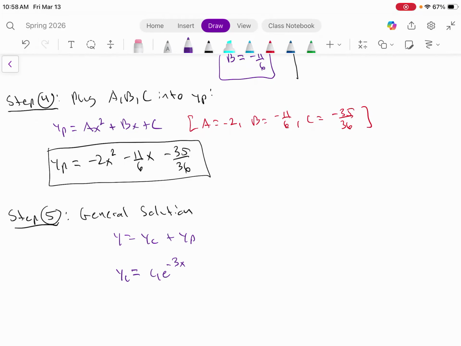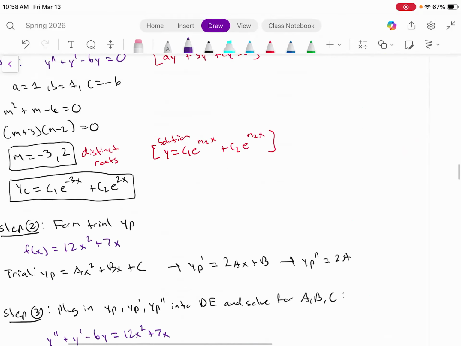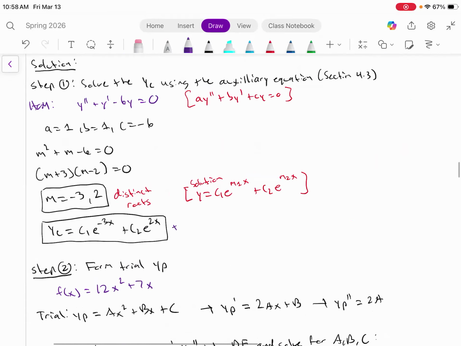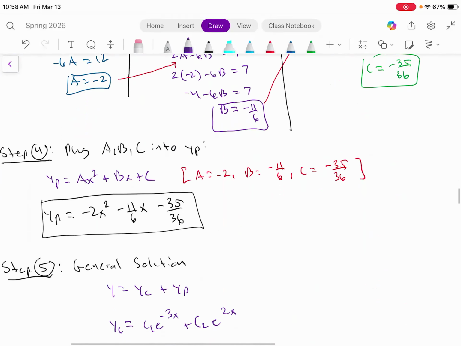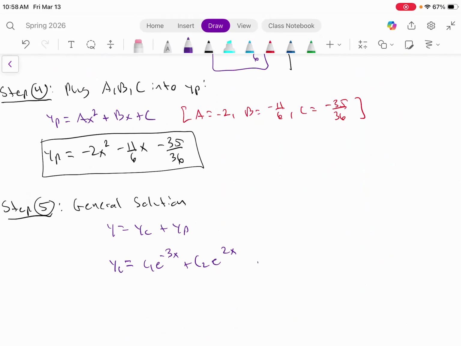C1 e to the negative 3x plus C2 e to the 2x, getting that from all the way back up here. That's our complementary. And so the particular solution is just up above.